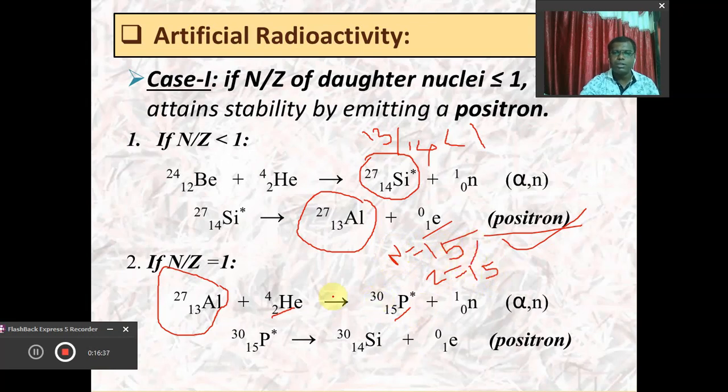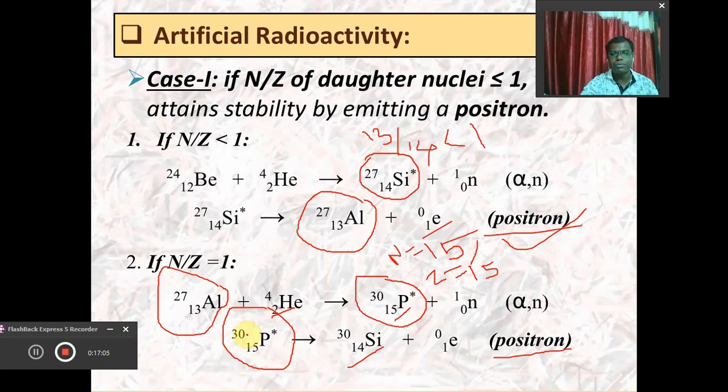So here the N by Z ratio of this recoil nucleus is exactly equal to 1, and in this case it is again unstable, so it emits radiation spontaneously. It will undergo disintegration and show radioactivity. It emits a particle, again a positron, and this phosphorus-30, which is radioactive and unstable, gets converted into silicon-30, which is a stable element.